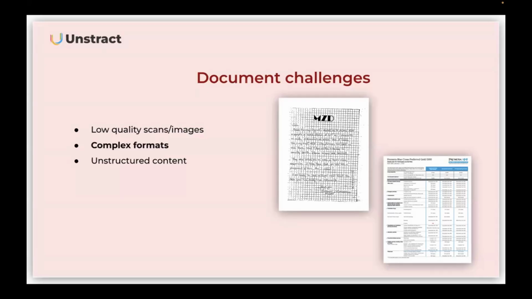Moving on to the next challenge, we have complex formats. Now, documents are designed only keeping in mind how easy it is for the human to comprehend. Not always is this going to be the same case with machines, especially when we're dealing with complex formats that come with nested tables, multi-layout columns, forms with various checkboxes and input text fields, and so on.